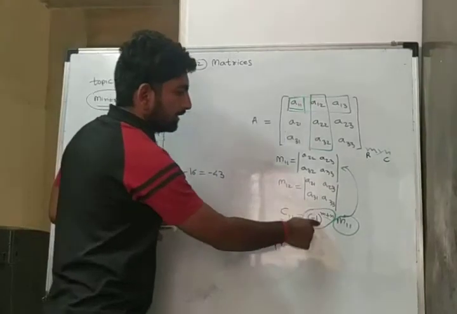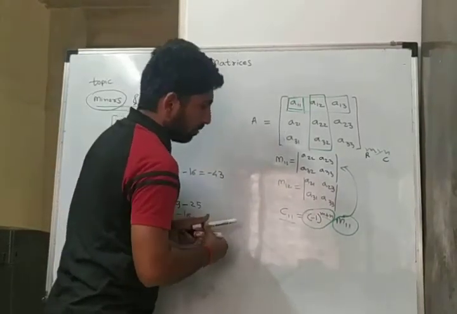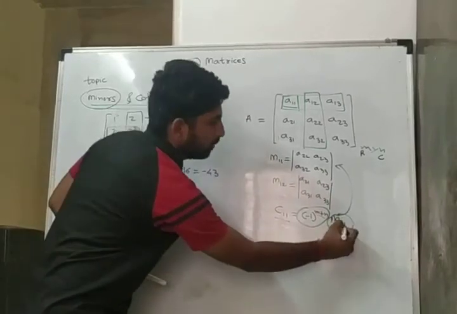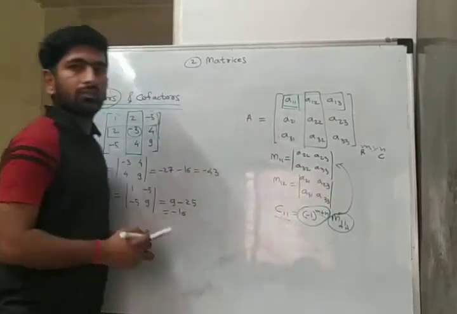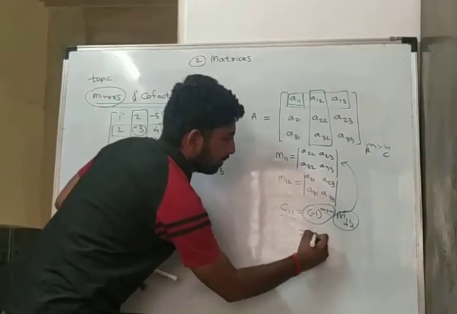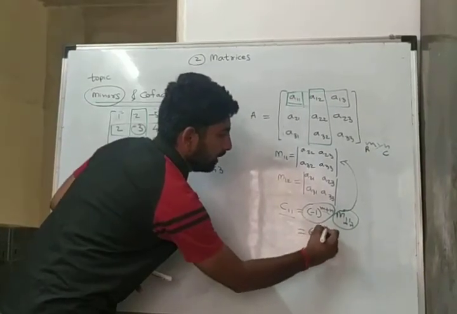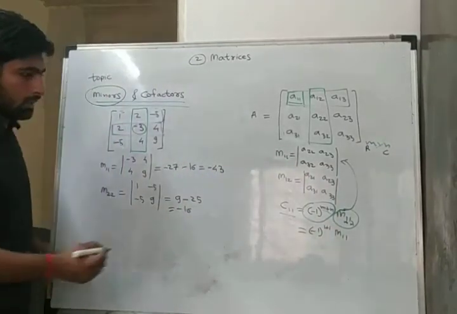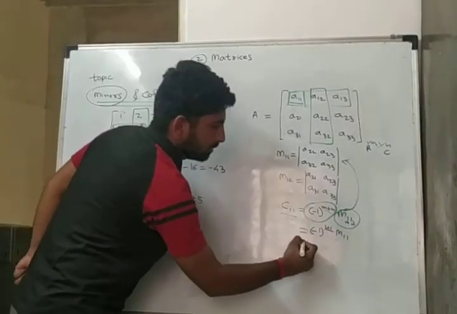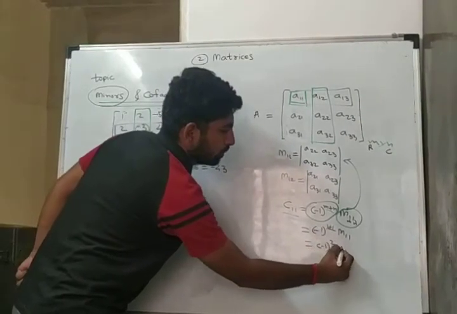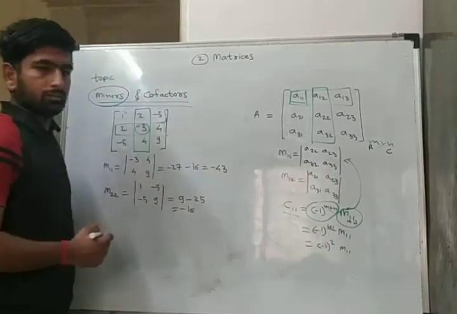So at this location, the row number m is equal to 1 and n is equal to 1 as well. So we can take it as minus 1 raised to 1 plus 1, M11. The addition is 1 plus 1, 2, so minus 1 raised to 2, M11.